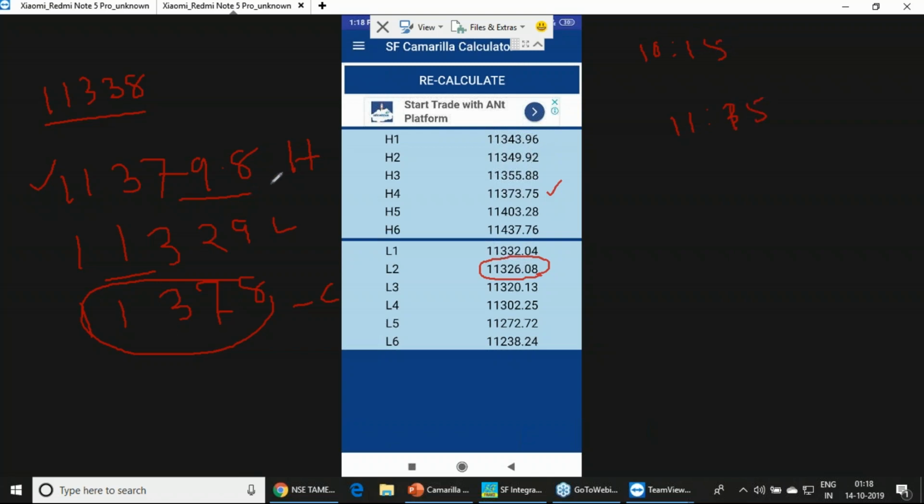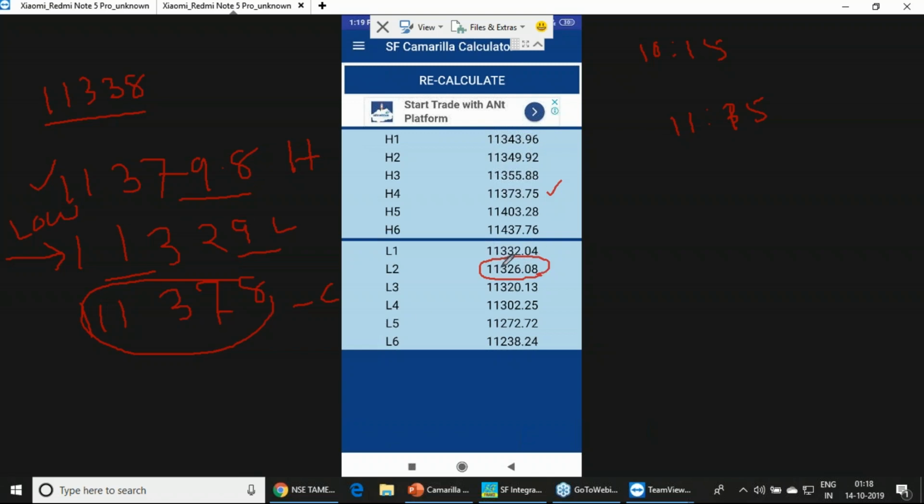This high has occurred towards the end of this candle, because we are sitting at the 11,378 level. This low has come just after our calculation, or the low has come first. The low of 11,329 has triggered first, then the high has triggered, and currently we are here.